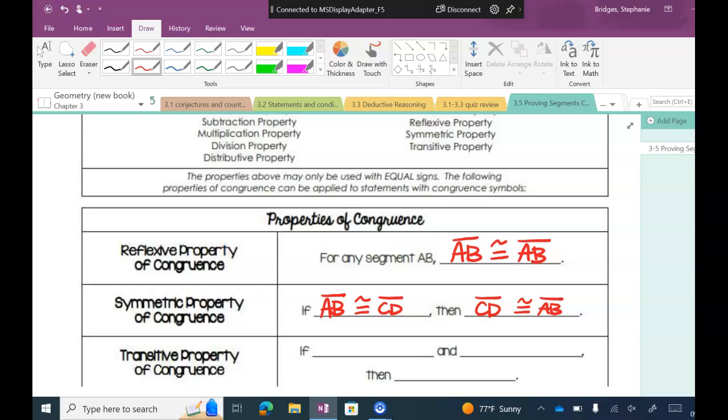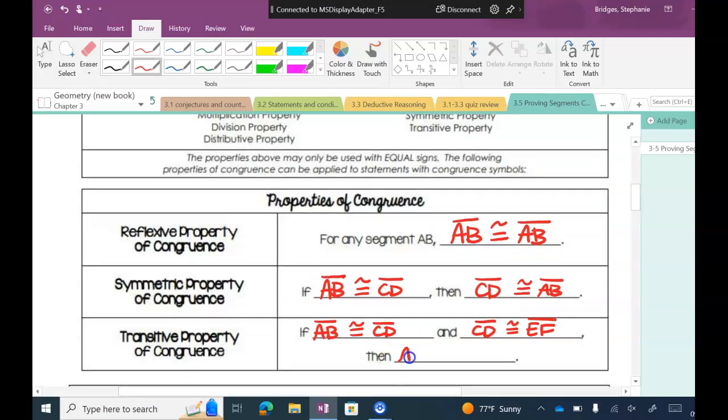And then you have the transitive property of congruence, which involves three parts. So if segment AB is congruent to segment CD, and segment CD is congruent to segment EF, then what can I say?